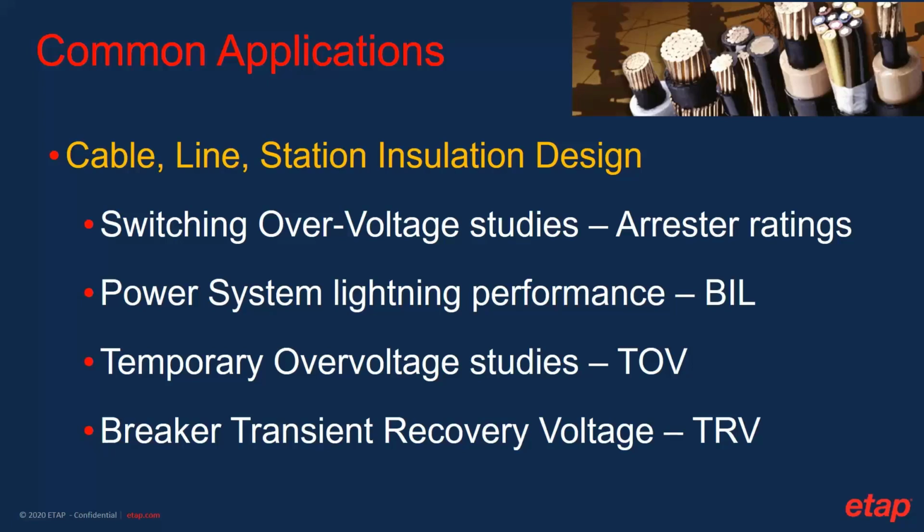Your surge arresters should be able to limit those transients to acceptable levels below your equipment design insulation levels, and also the surge arrester should be able to absorb the energy associated with the transient. So you perform switching studies to verify your substation design or the arrester ratings.